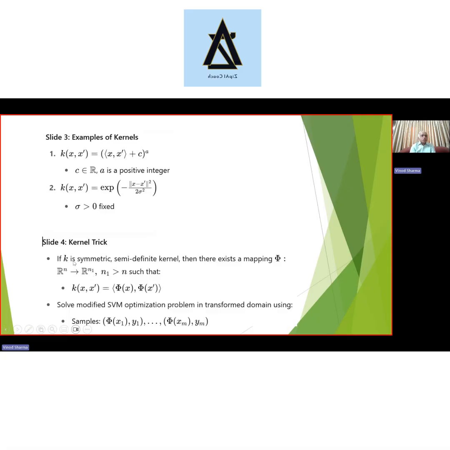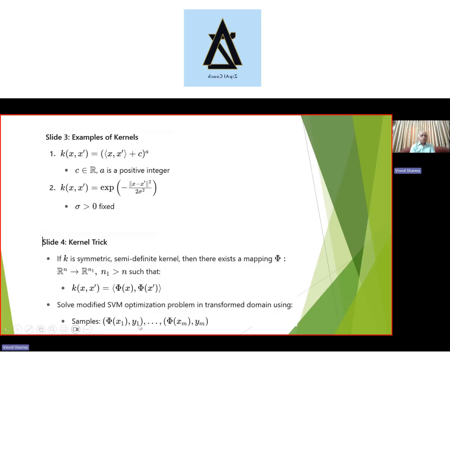Now we start with some suitable k. Correspondingly, we have this phi and this space here. And in this larger dimensional space, we take the training sequence, phi(x1), y1, up to phi(xm), ym.